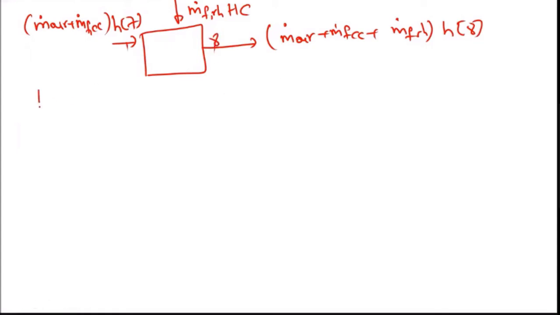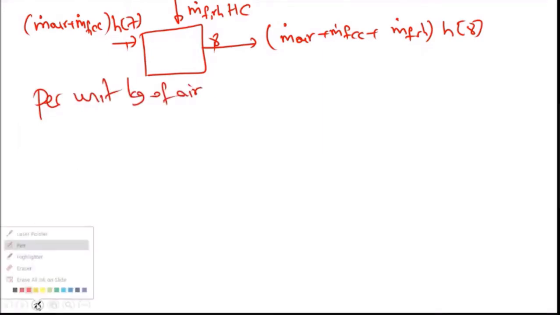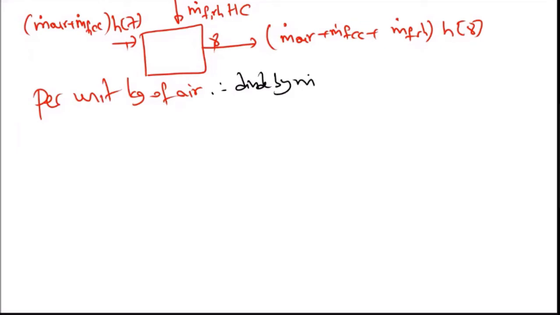So we are doing analysis per unit kg of air. Therefore we should divide each term by m dot of air. If you divide it, you will have 1 here.